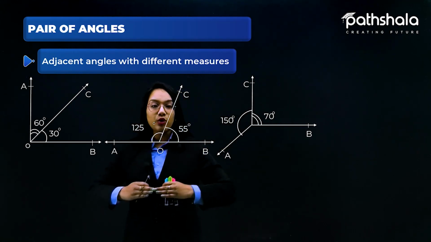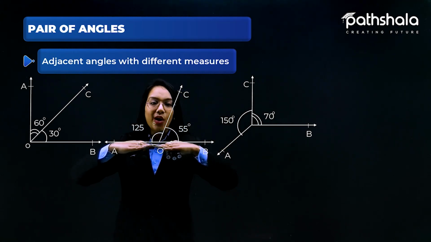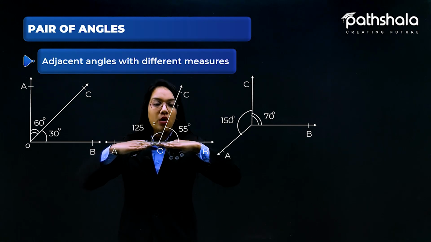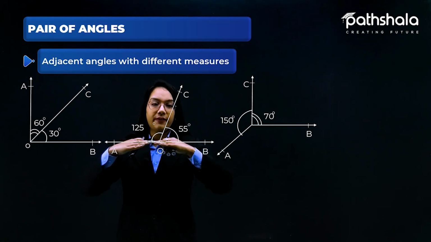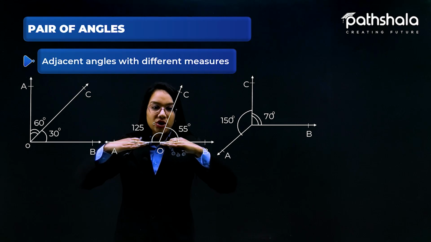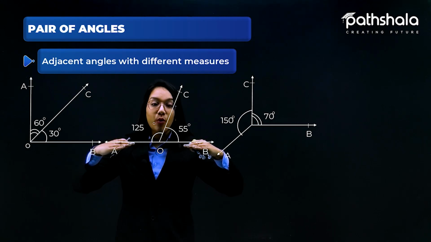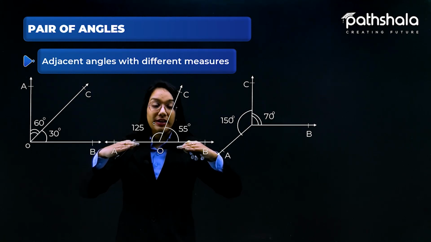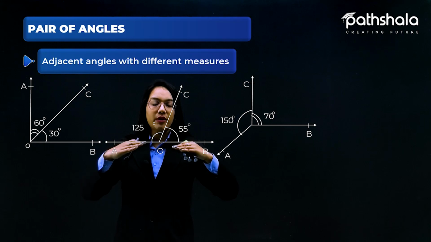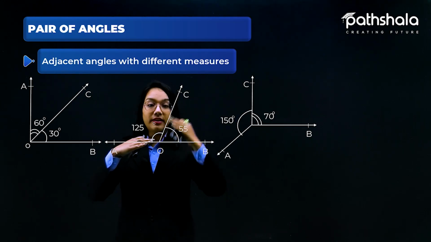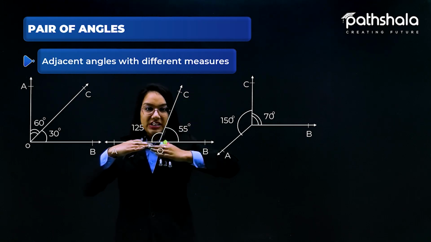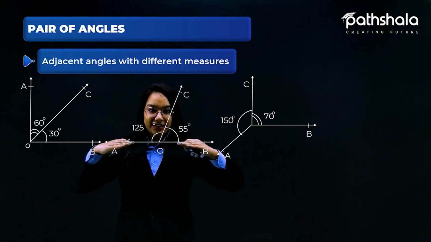As you can see, for the second case, if I take a ruler along this AOB, then this is definitely forming a straight angle, and furthermore the sum of the two angles is 180 degrees. So this example is telling us that if the sum of the two adjacent angles is 180 degrees, then the ray stands on a line, and this is a straight line.